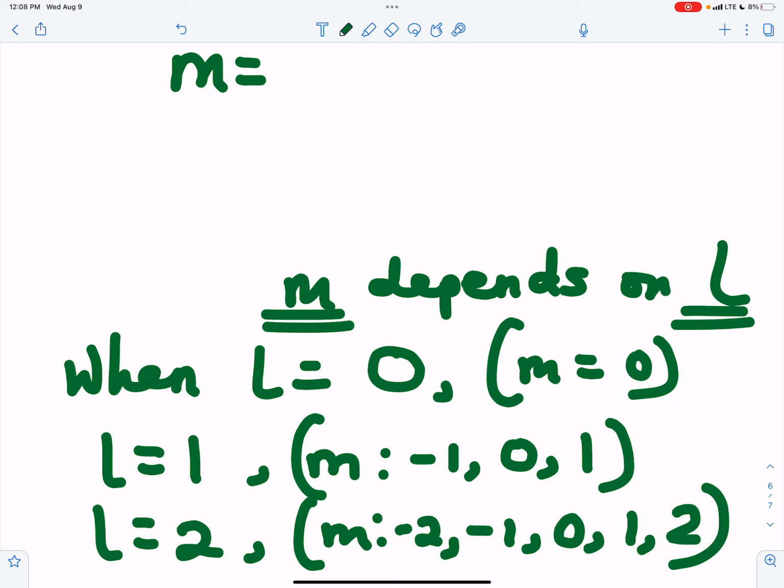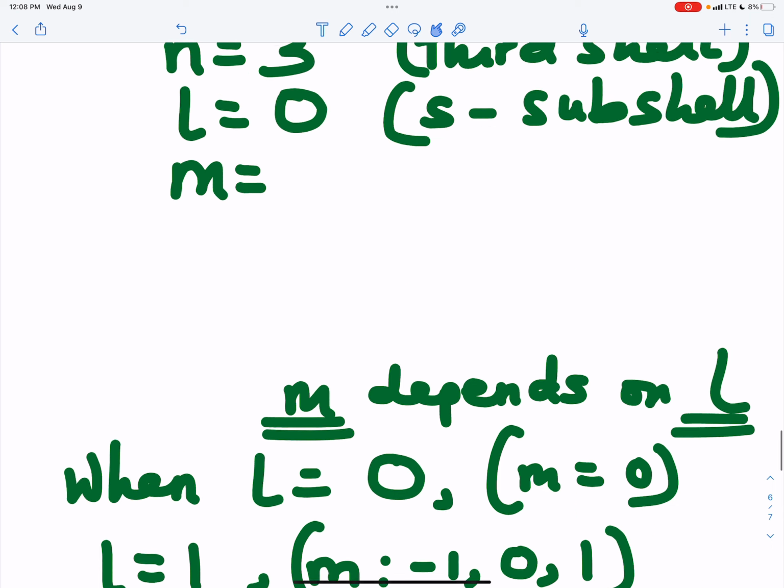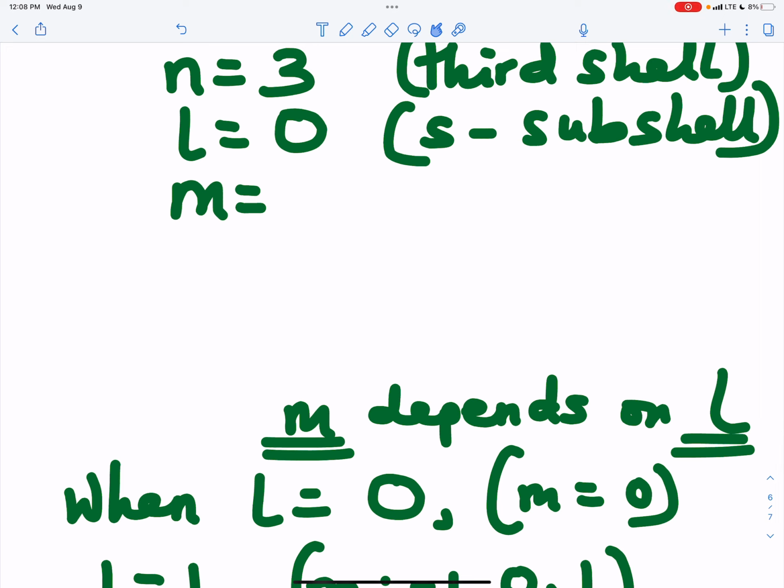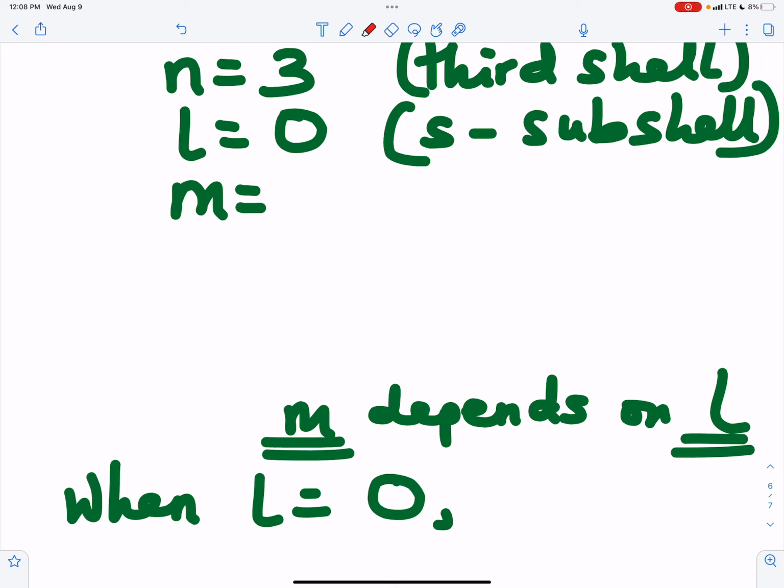So here in this case, our value of L is 0, as you can see. That means the value of M will also be 0. The subsidiary quantum number is 0, so the magnetic quantum number too will be 0.